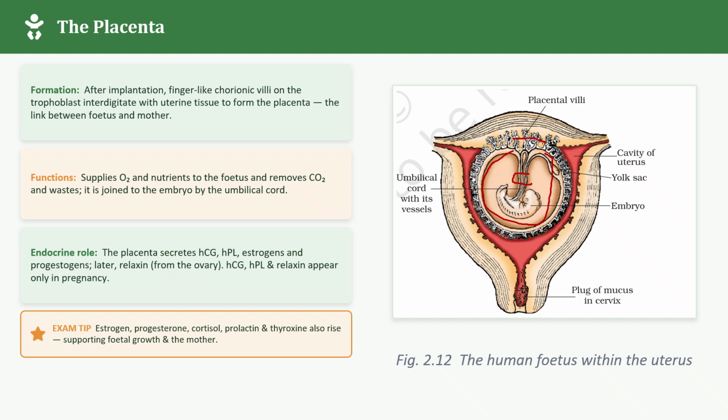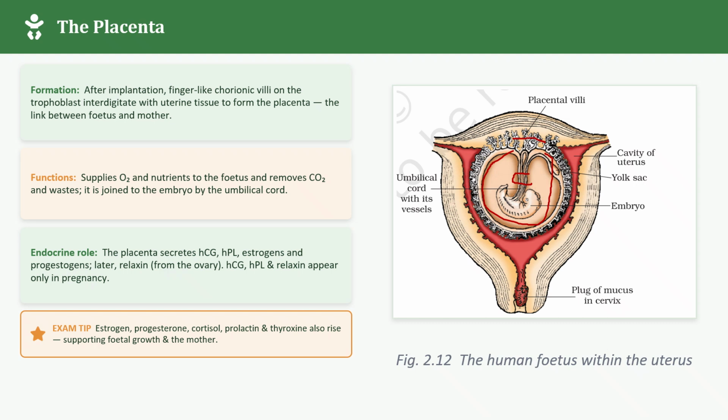Next is estrogen, which promotes the growth of the uterus and mammary glands. Next is progesterone, which maintains pregnancy by preventing uterine contractions. And the last, relaxin, helps to relax the pelvic ligaments before childbirth.